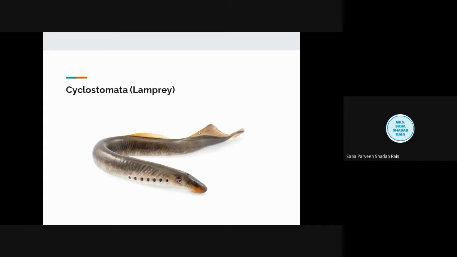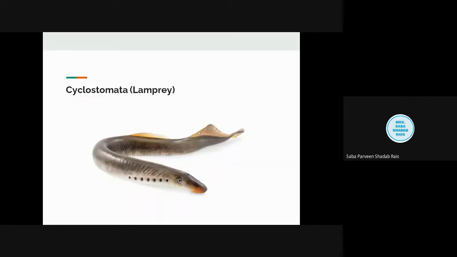They have the fin brace which supports the median fin. When we observe the paired fins, we had already discussed about the Agnatha that they lack paired fins. Sorry, the example is the lamprey.